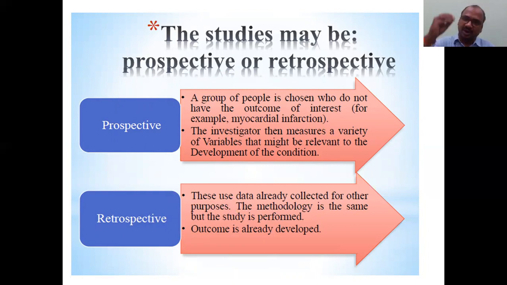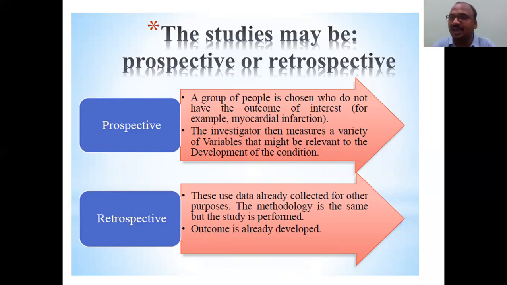Prospective, retrospective. In a prospective study, in the Ibrahimpatnam area, you are observing. Whereas in a retrospective study, you are not doing anything. You are just sitting in front of the internet and typing what is the lung cancer rate and what is the percentage of smokers and non-smokers in the Ibrahimpatnam area.